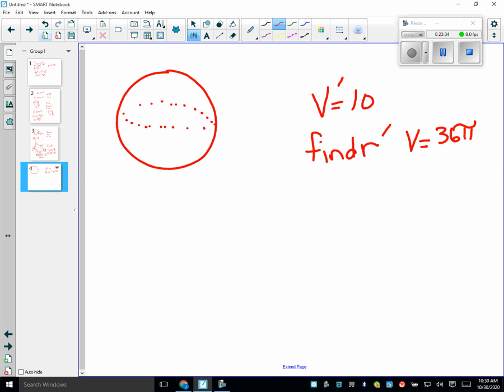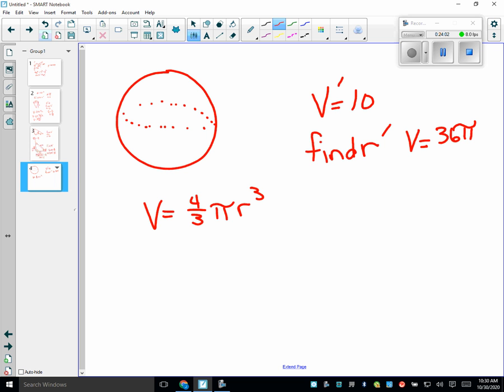Well, the first thing you have to know is what volume is. Volume is 4/3 pi r cubed. Oh, it's a sphere? Man, I thought it was a circle. What am I missing? Aren't I missing R?